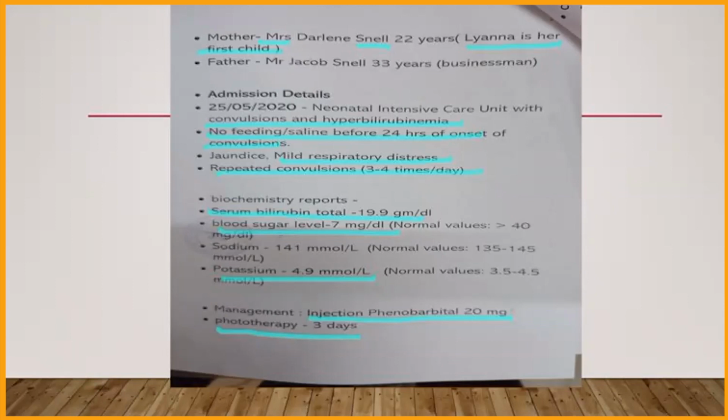Her condition was managed with injection phenobarbital 20 milligram as well as phototherapy for 3 days. Okay. See, her blood test confirmed the diagnosis. You can also say that. The rest is fine.